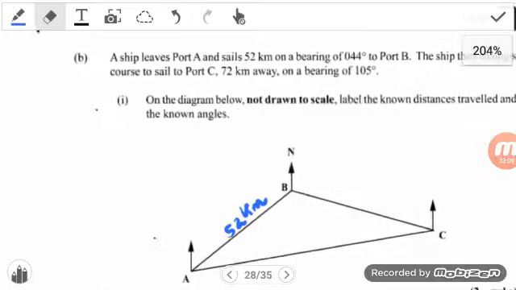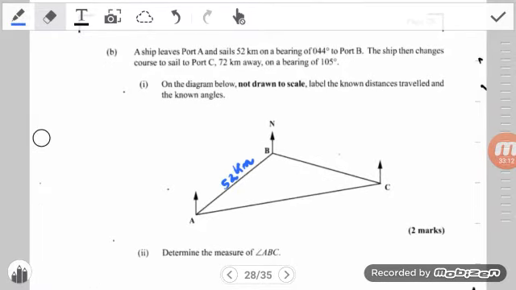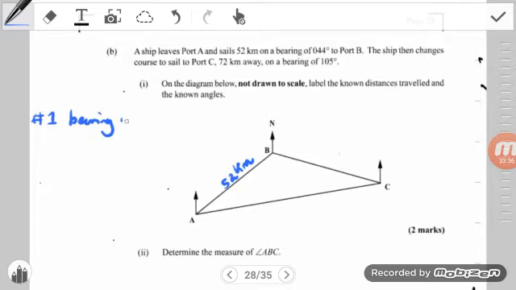Number one that you need to understand about bearings is that the number one rule is that a bearing is measured in a clockwise direction from the north line.